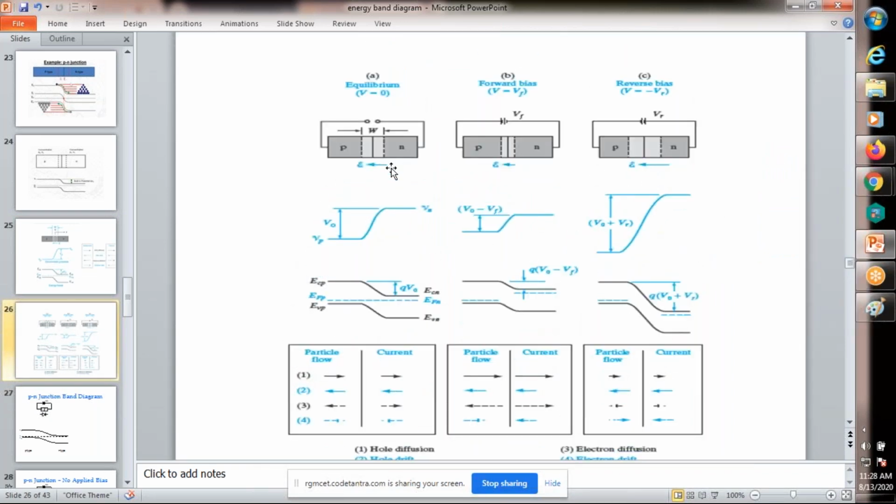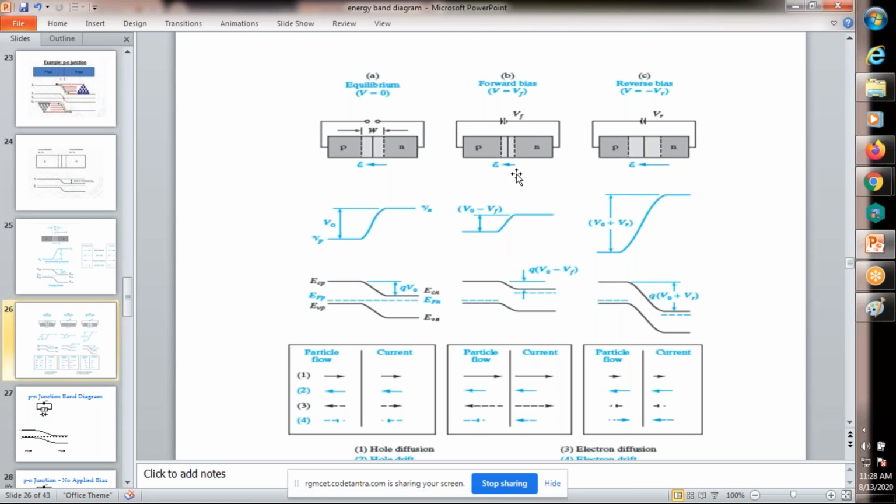Now here the PN junction is connected in different ways: one is equilibrium condition, one is forward bias, and another one is reverse bias. Observe how the band diagram changes here. When the PN junction is in equilibrium condition, this much is the built-in potential voltage qV0. This is the height.